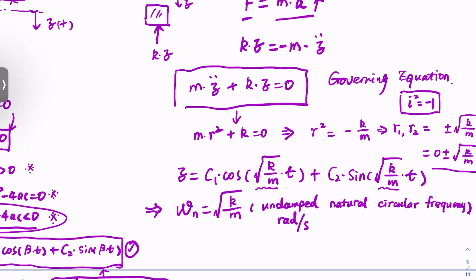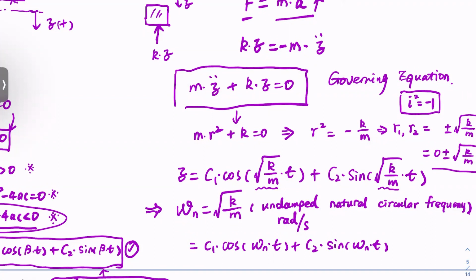And then we can rewrite this as C1 times cosine omega n t plus C2 sine omega n t. And from here, you can get the answers to the questions we asked in the beginning.